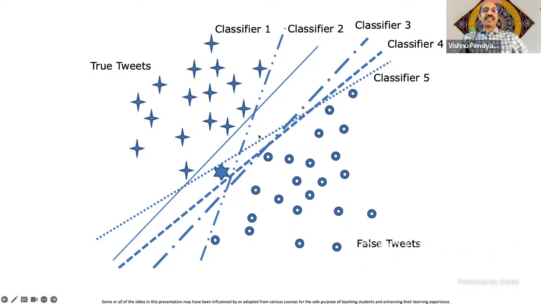If we consider a number of classifiers, the classification of the new tweet depends on the classifier. As you can see here, this particular new tweet is in the middle of the true tweets and the false tweets. And there can be any number of classifiers which divide the true and false tweets. So the big question is, which classifier are we going to choose?